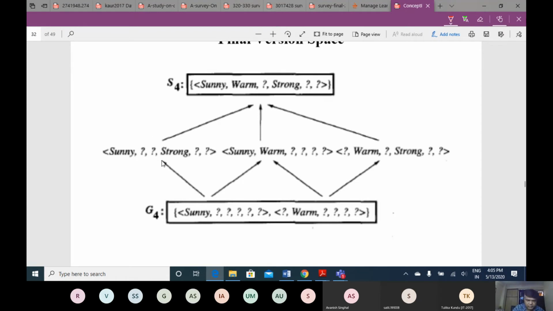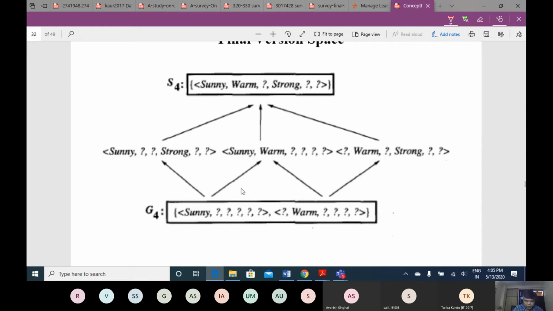Now let's see for this. For this hypothesis, sunny, question mark, normal, question mark, strong, question mark, cool, question mark, change, question mark. So again, for this also it is satisfied. Sunny, warm, question mark, question mark, question mark, question mark. So this is also specified. Now sunny, question mark, warm, question mark, strong.